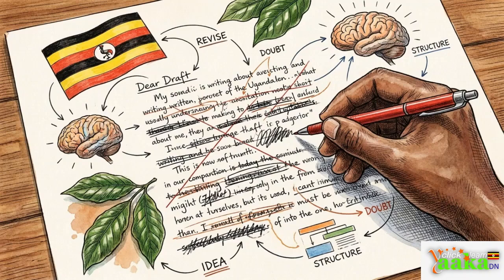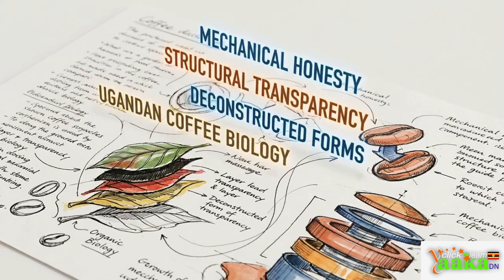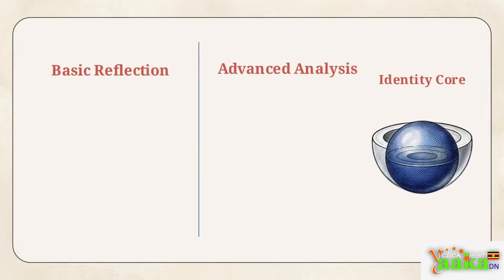Now that you know where the conflict lives, you need the right words to describe it on paper. You have to upgrade your descriptive language into precise psychological vocabulary. This comparison table shows the difference in execution. A basic essay might state, "I felt confused."